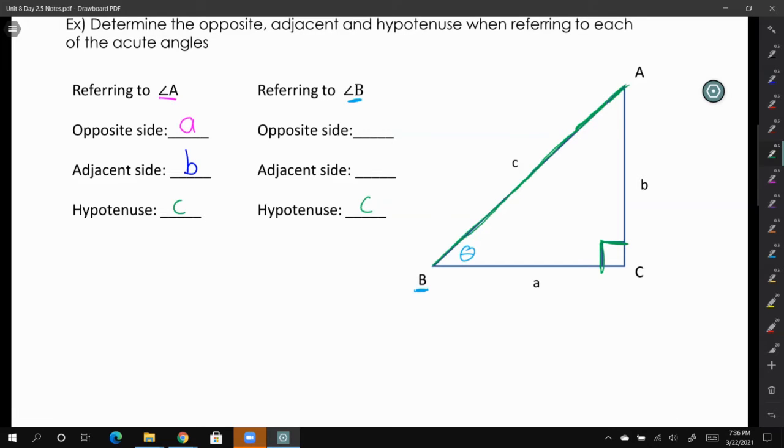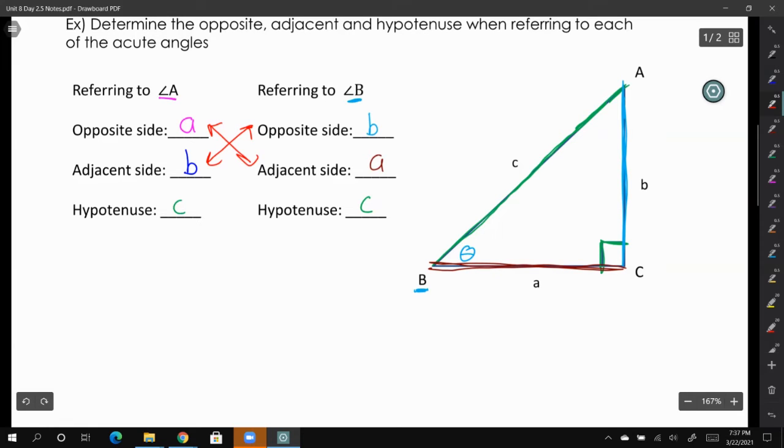But now the opposite side is not going to be side A anymore because side A touches angle B. So the side that doesn't touch angle B is this side right here, side B. And then side A is the adjacent side since it touches angle B and angle C. So the hypotenuse stays the same, but you can see these switched depending on what angle you are talking about. So you've got to be very careful and pay close attention to what angle we are talking about.